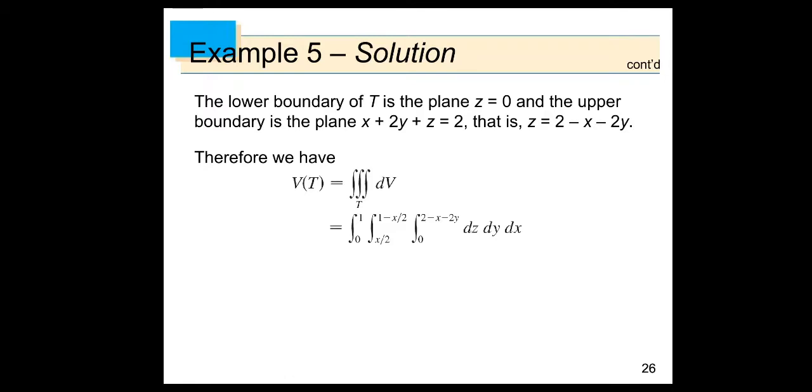But the third integration would be the first one when we start integrating, because it goes from inside out. Surely it has two variables, from 0 to 2 minus x minus 2y. It means we have to integrate first with respect to z, then the second integration with respect to y, and lastly we will integrate the x values.